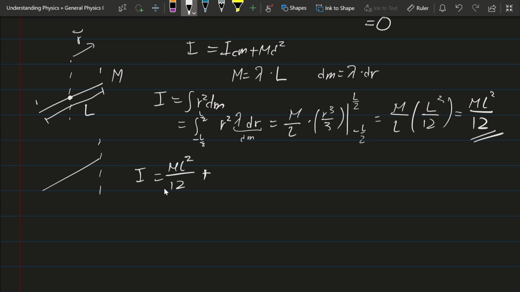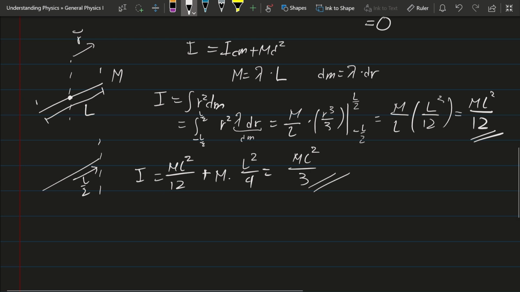And so you add it with the total mass, multiplied by the change in distance, which is L over 2. That means it's L squared over 4. This will equal ML squared over 3. So this is the moment of inertia for a thin rod on its end.